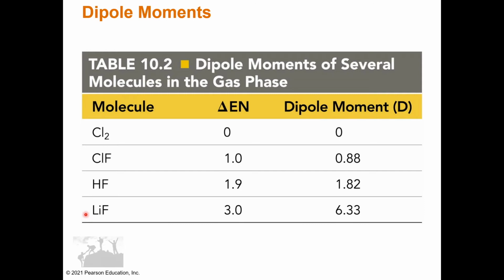LiF is actually an ionic compound. Now let's take a look at delta En. We see that it is increasing. Now compare that to dipole moment. That's also increasing with the increasing electronegativity difference.